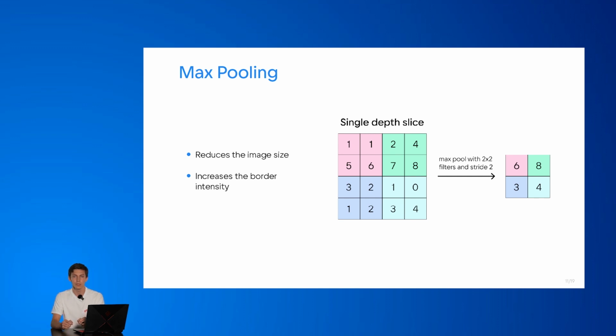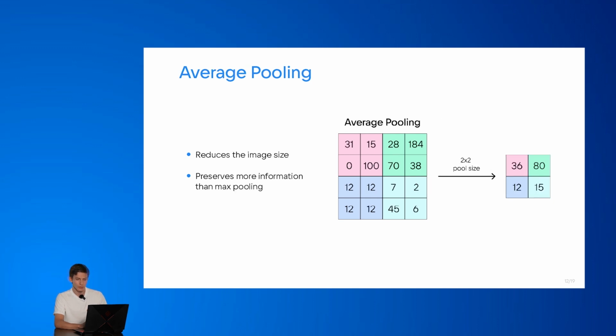In max pooling, it is done by choosing the maximum number from each pixel group. It allows to increase the border intensity. In average pooling, it is done by using the average number from each pixel group. It preserves more information than max pooling.